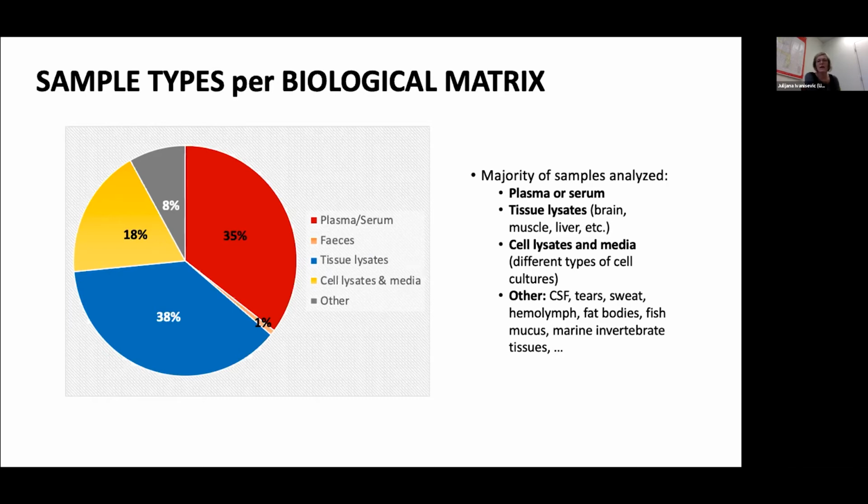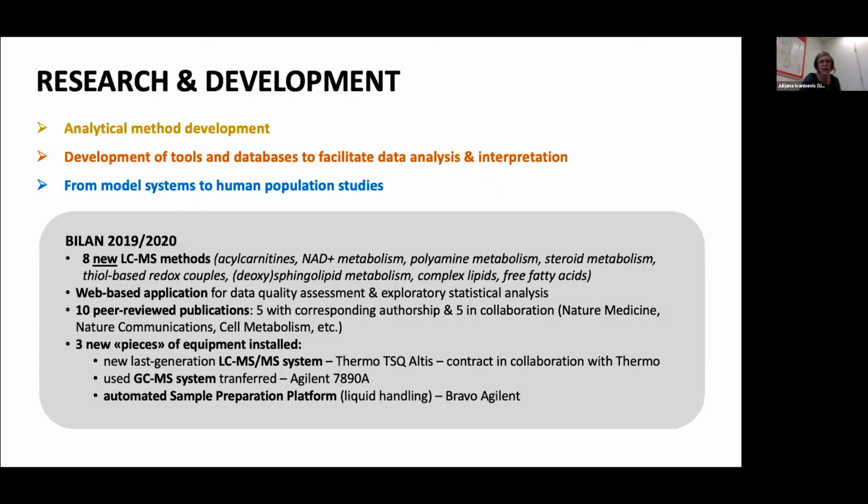We can also analyze more exotic samples such as tears, sweat, hemolymph, fat bodies, fish mucus, and different tissues from marine invertebrates, plants, etc. So really, there are no limits in terms of sample types.